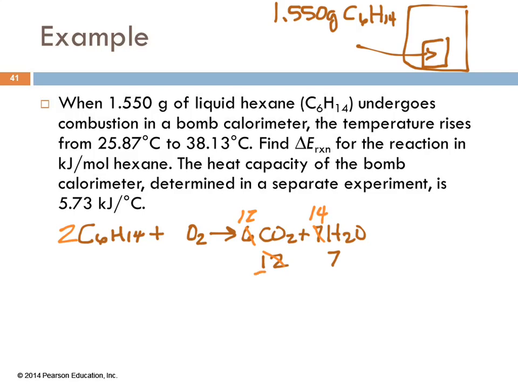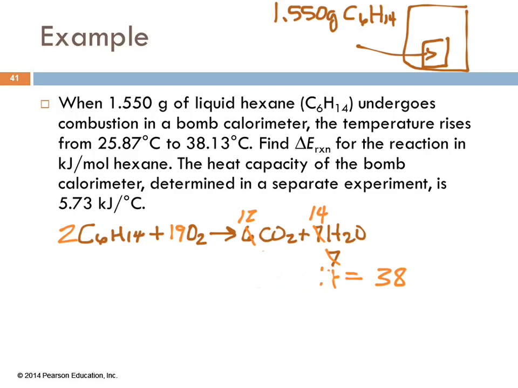So now I've got 24 oxygens and 14 oxygens, and I believe that will give me 38. And if I divide 38 by 2, I think I should get 19. The 7 didn't sound right, but I didn't know why. 19. So there's a balanced chemical equation.